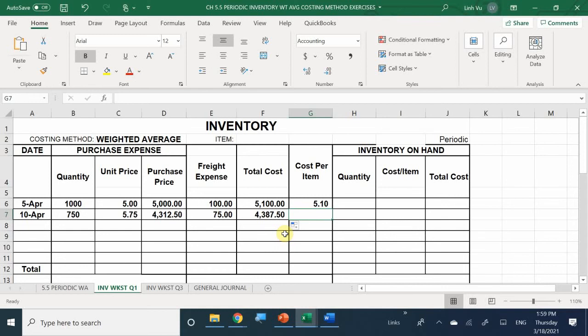The first one, 5.5, it should just say periodic inventory weighted average costing method, and there's no number behind it. So it's not the exercise 2. No, it's not. That's the one we're going to work on right after this one. Okay, I got it.